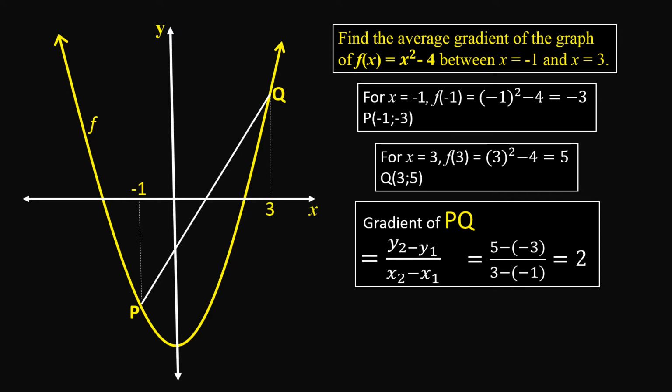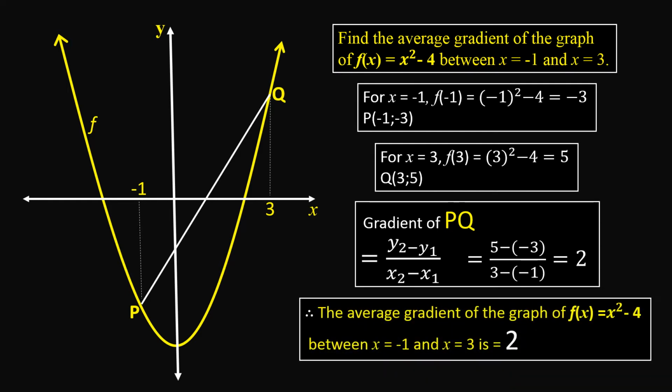We substitute these values, 5 minus (minus 3) over 3 minus (minus 1), we get 2. So the gradient of PQ is equal to 2. And we say the average gradient of the graph of f(x) between x equal to minus 1 and x equal to 3 is equal to 2. That is the average gradient of the graph of f(x).